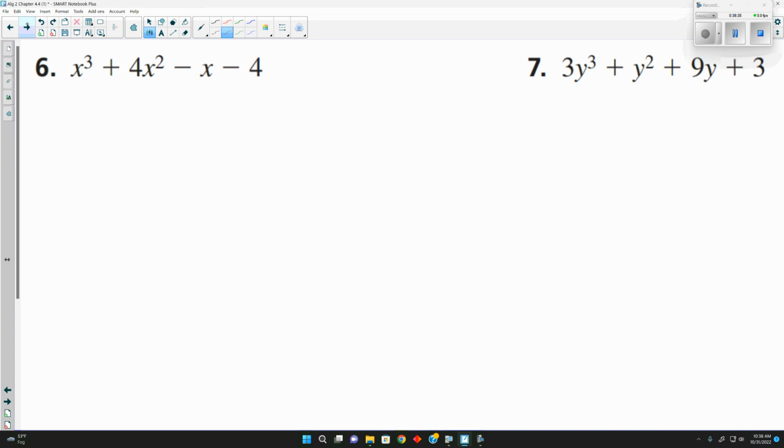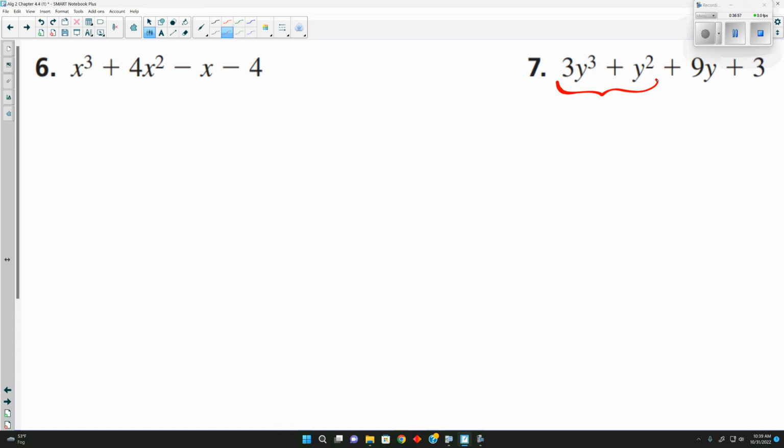We'll look at one more of these here and then we'll be done with this part of the section. Do we want to look at 6 or 7? 7. So we can pick these first two terms, 3y cubed plus y squared. What's the greatest common factor between these two here? Well, there's not a number, is there?